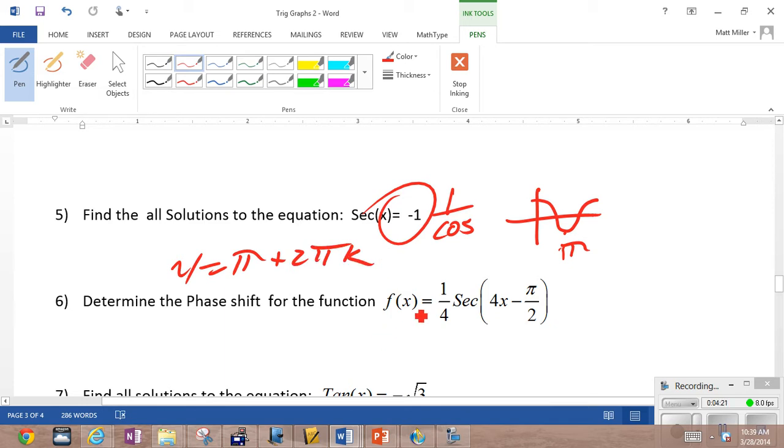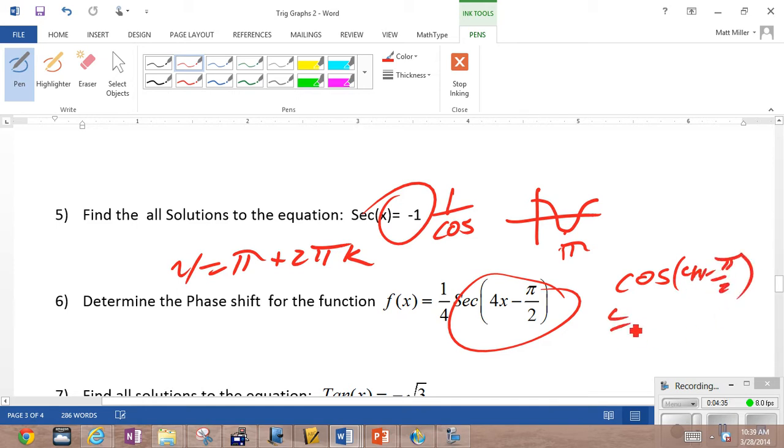Determine the phase shift for the function. Well, again, the phase shift here is going to be the same as the phase shift of the cosine of 4x minus pi over 2, which is going to be the opposite of your c over b value.